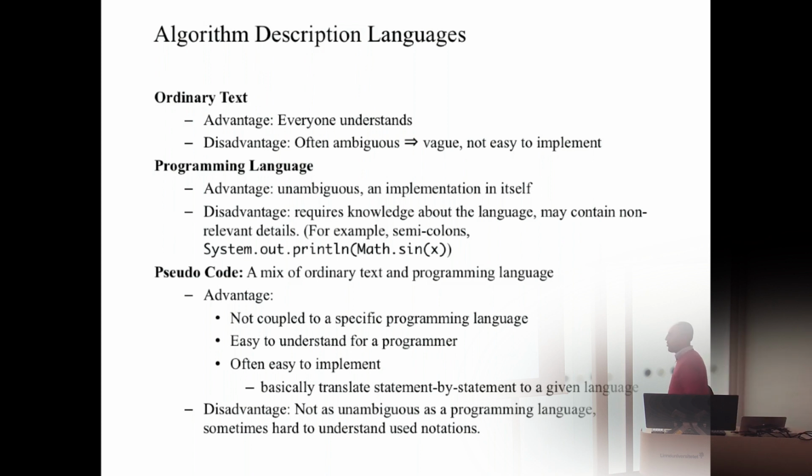And then we have pseudocode, which is a kind of intermediary, middleman approach that combines concepts from programming languages and our ordinary natural languages, or maybe mathematical notations. As it stands in the middle, it has the pros and cons of both of the other two approaches. When we use pseudocode, we don't use very language-specific notations.